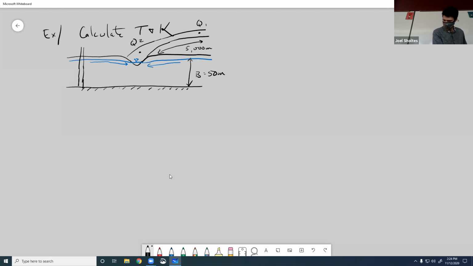And then from the well to the water surface, let's just draw it down here. Just getting a little cluttered. The length is 2,000 meters. Our DH is 1 meter.